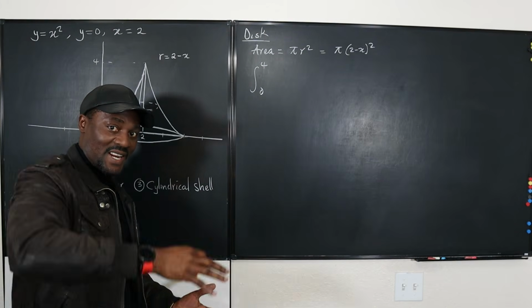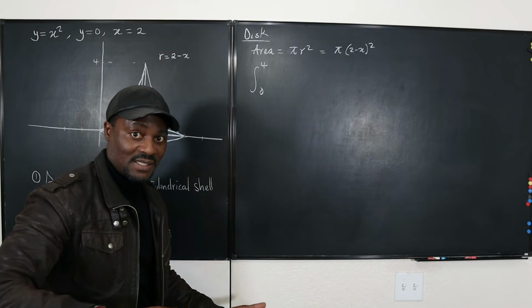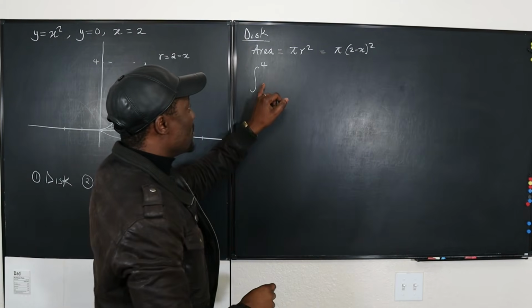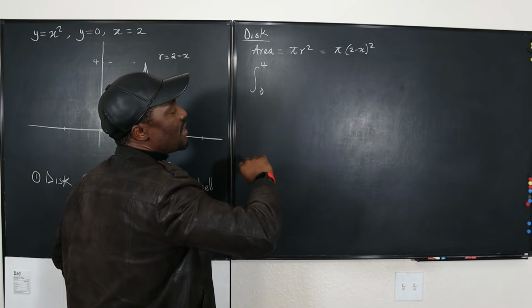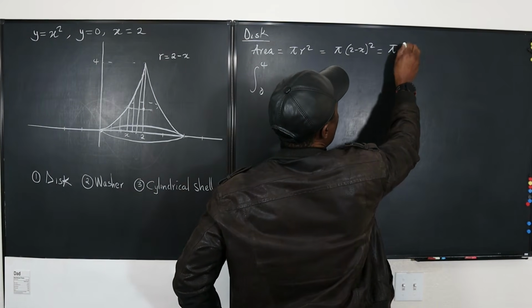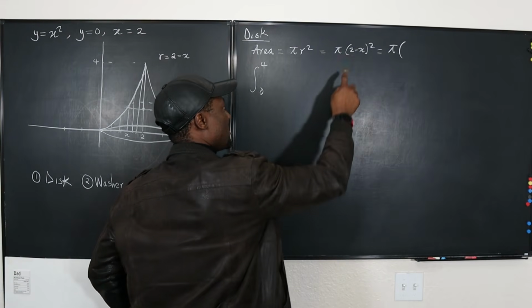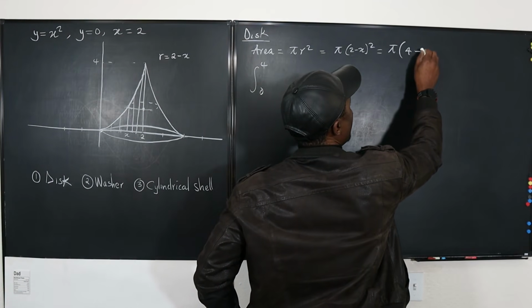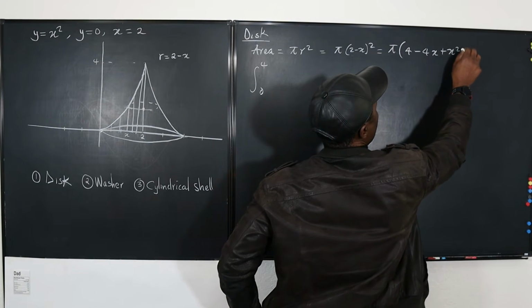Okay, thickness. Remember, you always go along with the thickness of the discs. Now, so 0 to 4 of the area. Okay, so what is the area? It's pi r squared. And if you FOIL this out, you're going to end up with 4 minus 4x plus x squared.